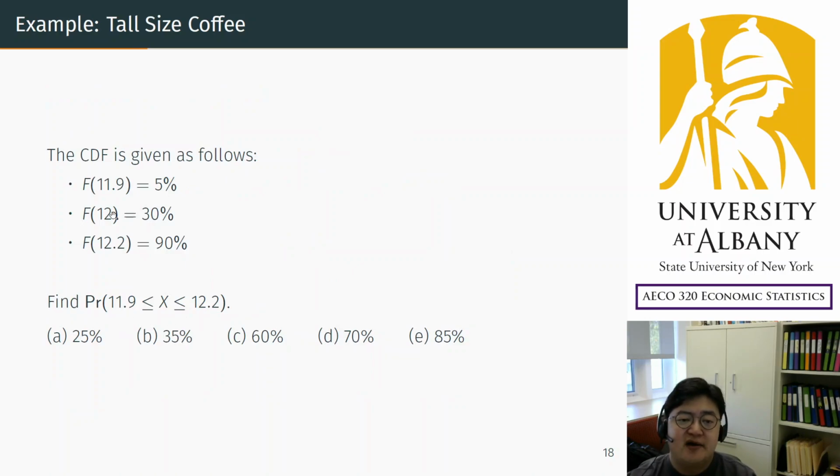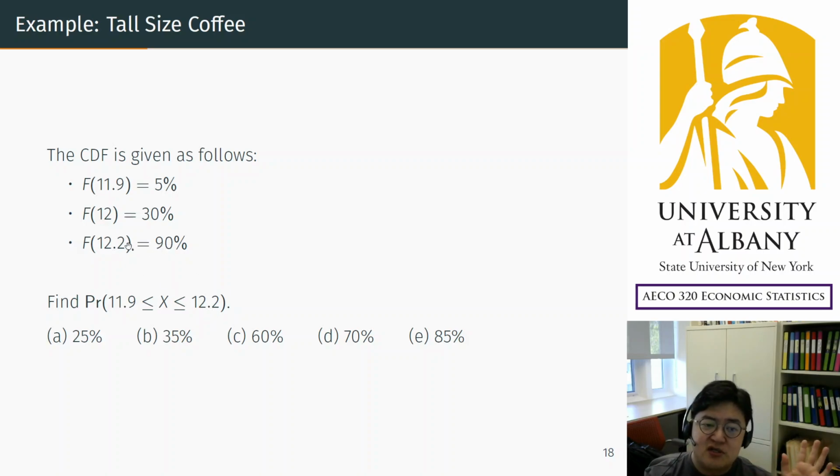Based on the same information at 3 points, can you find the probability between 11.9 ounces and 12.2 ounces? You are going to use these two pieces of information, because the first one is about 11.9 and the last one is about 12.2.